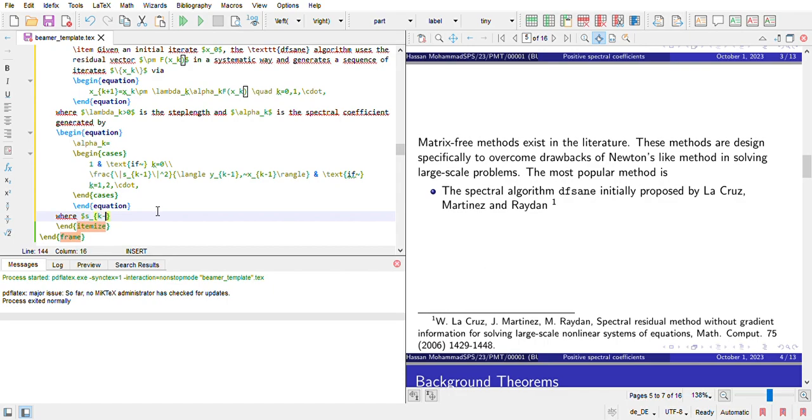x_{k-1} will be equal to x_k minus x_{k-1}.